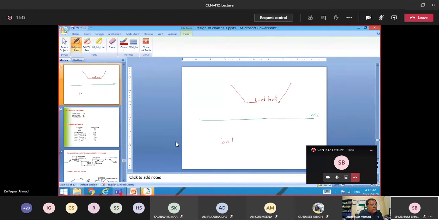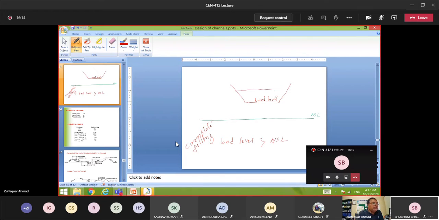The bed level is greater than the NSL. So you have to fill the soil, and you have to construct this canal. This is in complete filling. You have to bring the earth from somewhere, and then you have to construct it.